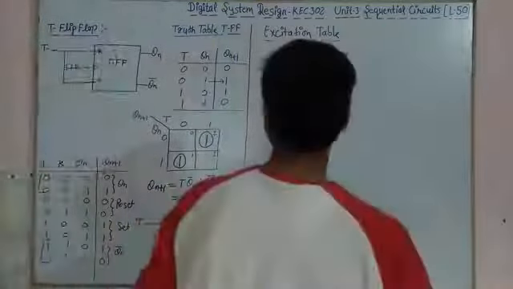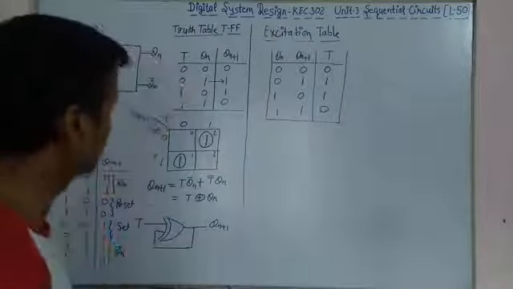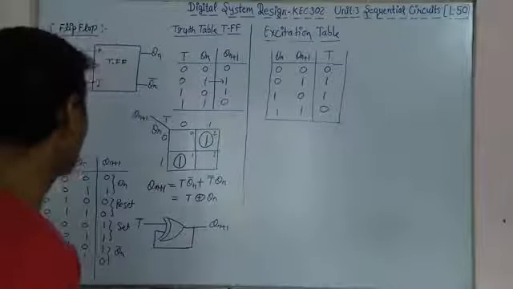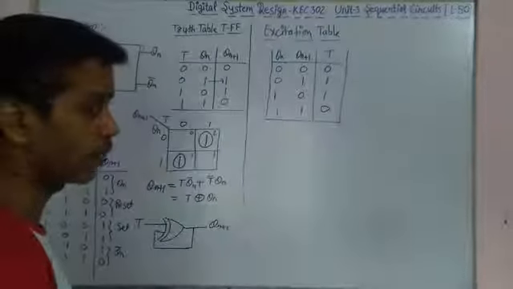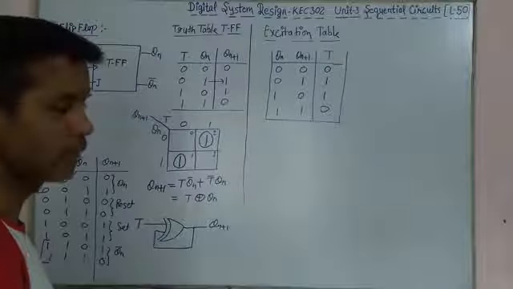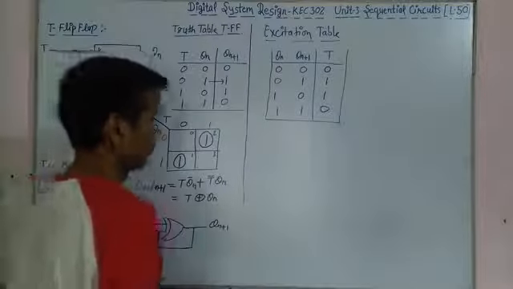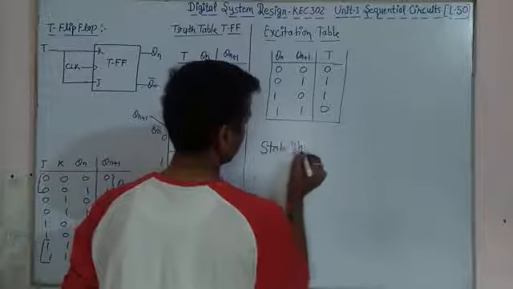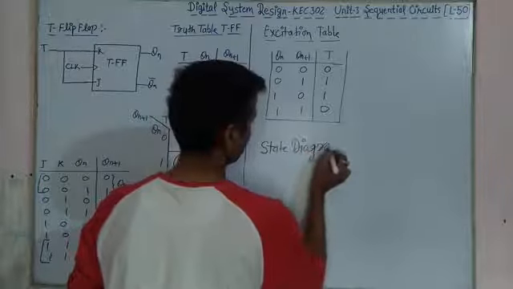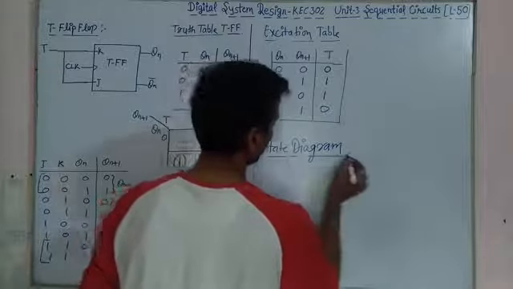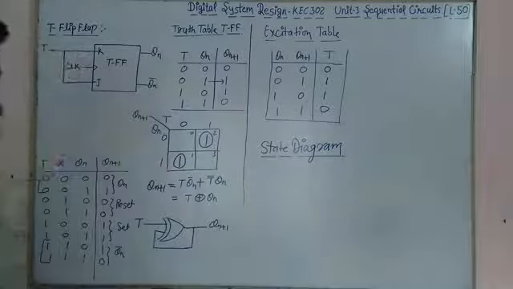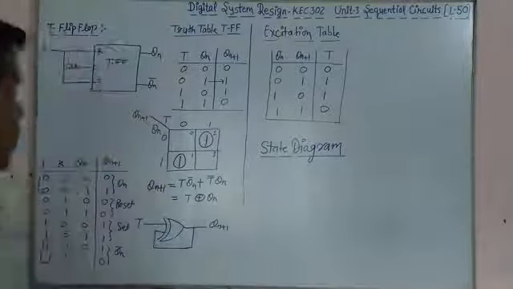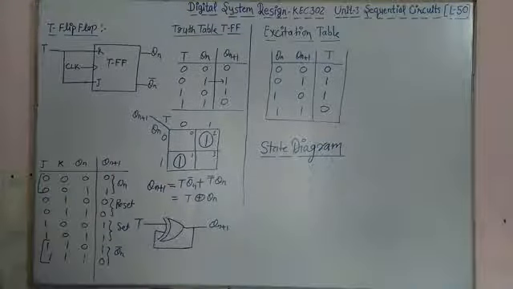Now what is remaining for the completion of this part? One thing is remaining, that is the state diagram. With the help of the truth table, you can find out the state diagram.